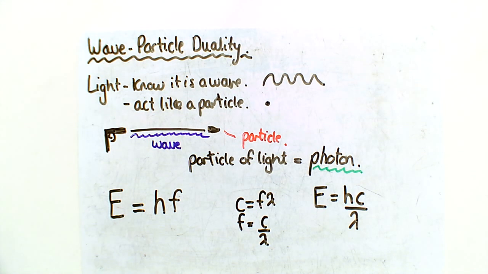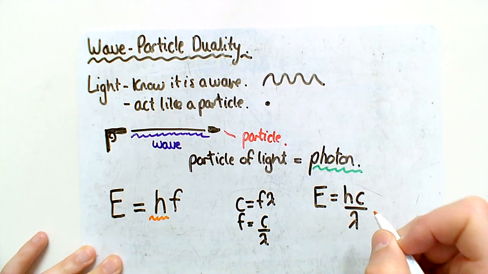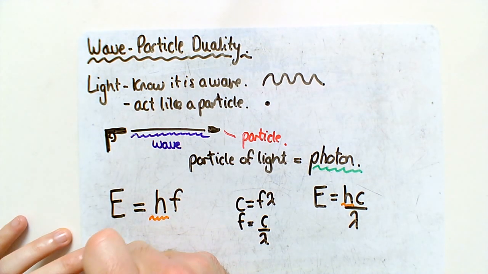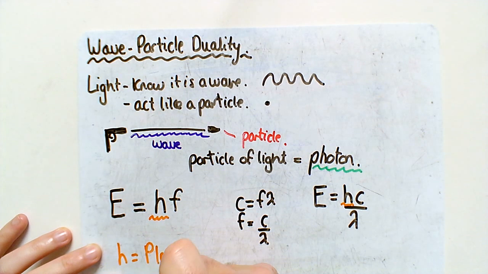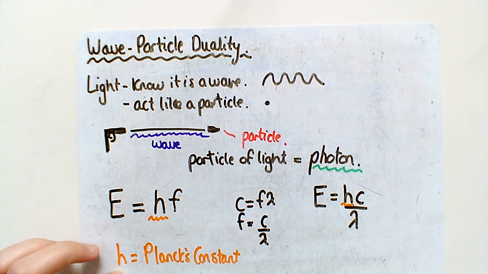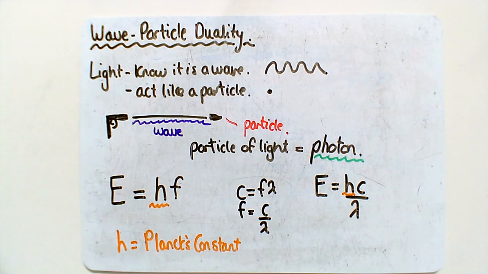Now I haven't addressed what this h is. h is a constant, and it's called Planck's constant. Now Planck was a very, very famous scientist, and there are lots of institutions around the world called Max Planck Institutes, which are named after him, because he's very famous.